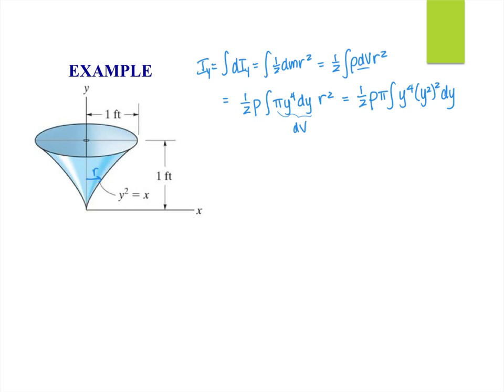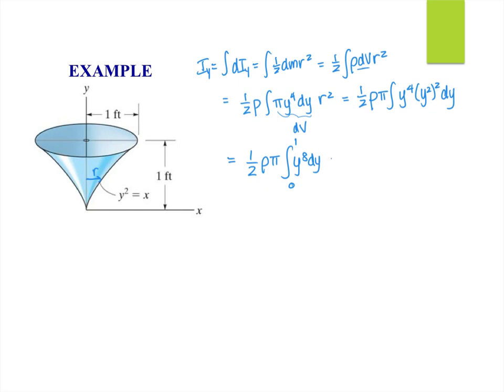But x is equal to y squared, and then I square it, so I get y to the fourth. This is rho pi, and my integral is y to the eighth dy, where y goes from 0 to 1.